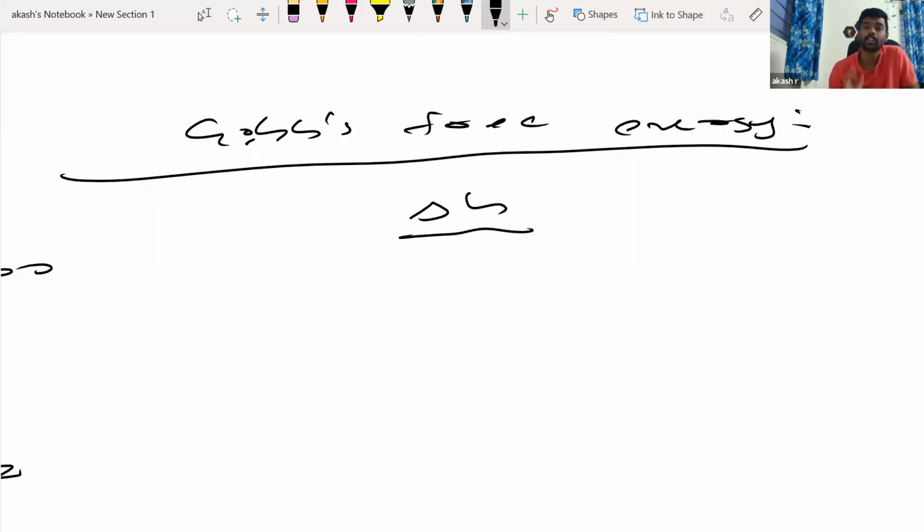Why did scientists come up with this new thermodynamic term? Because just by measuring the delta G of the system only, we'll be able to tell that a process is going to be spontaneous or not going to be spontaneous. If I use entropy, we have to calculate system entropy, surrounding entropy, add them up, so much process.